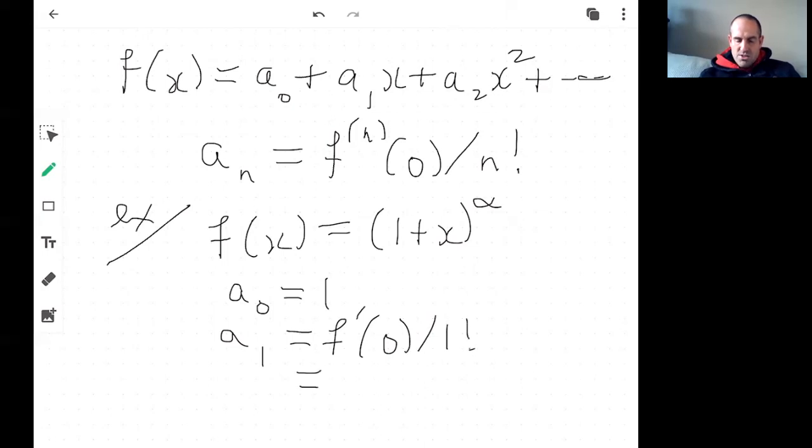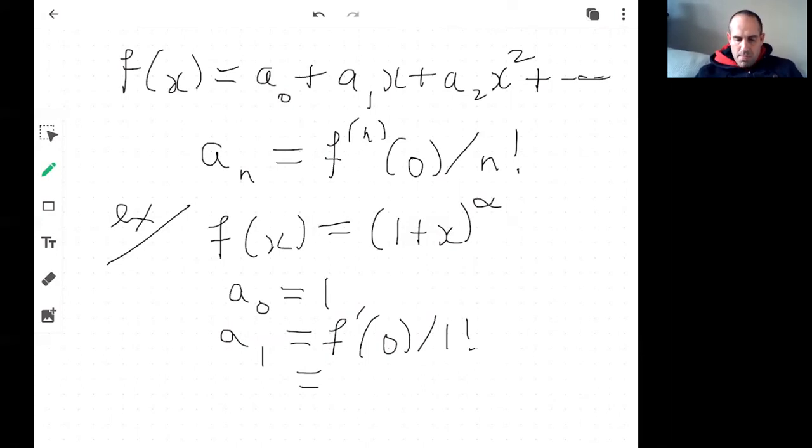Okay, what is the derivative of this thing? Well, it's alpha times 1 plus x to the alpha minus 1, evaluated at 0. So it's going to be alpha, and incidentally, the chain rule would technically have to be applied, but the derivative of the inside here is just 1.